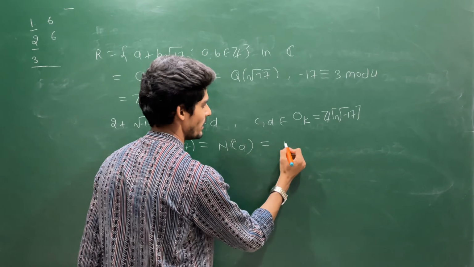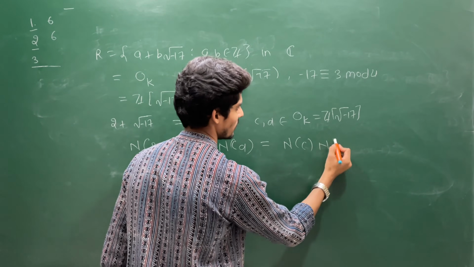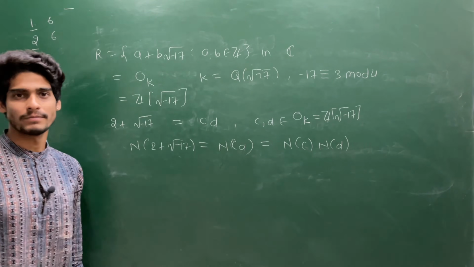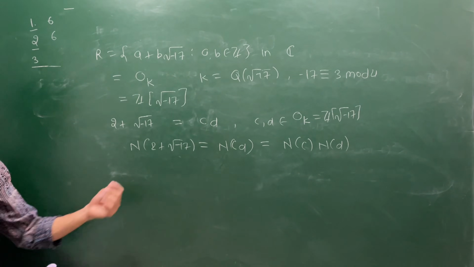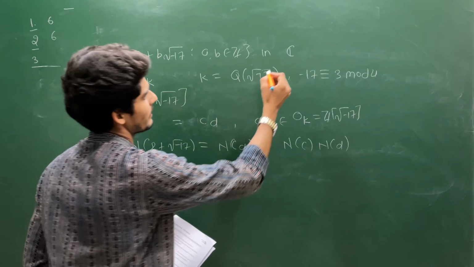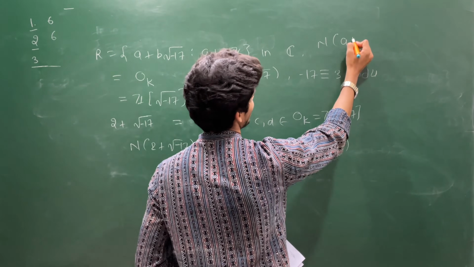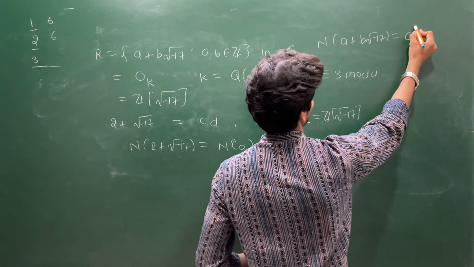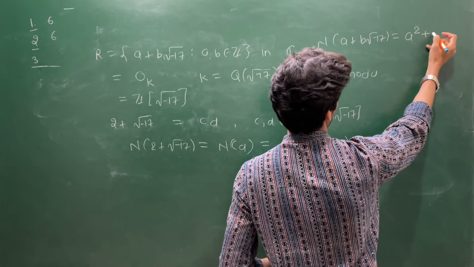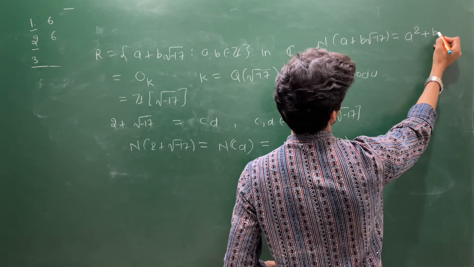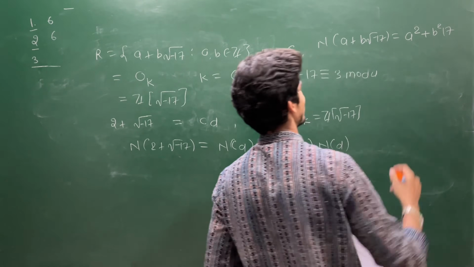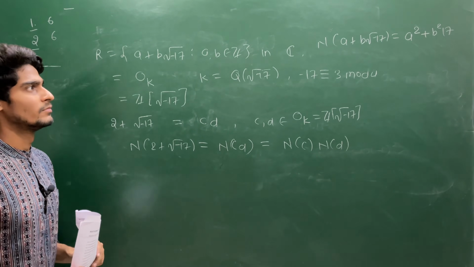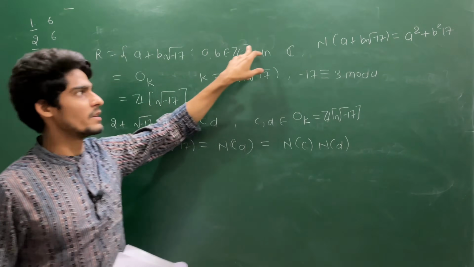So this will be the norm of C times the norm of D. What is the norm of this? I can write here that the norm of any element in this ring will be A square plus 17 B square. So this is the norm on this structure.